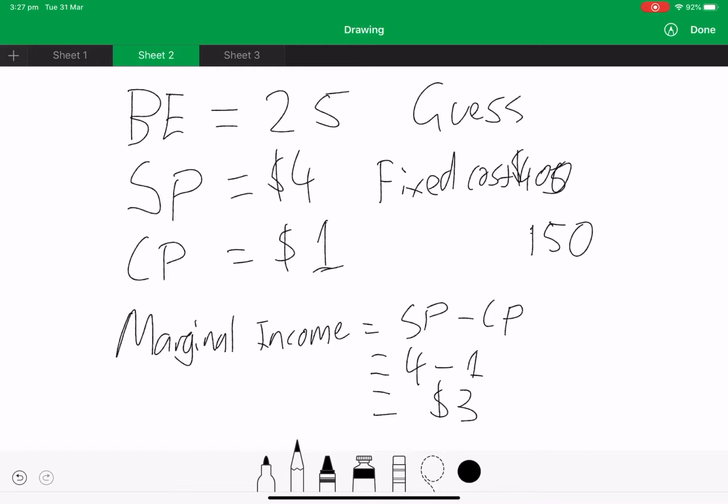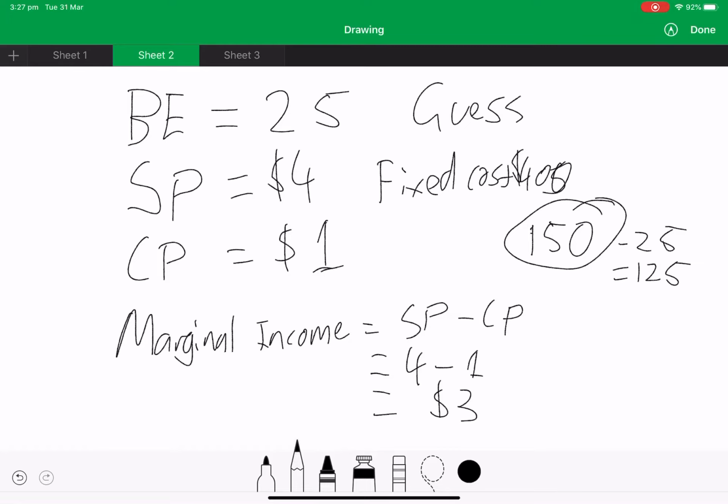Now to test this, we do our prediction. So 150, we're going to figure out how much profit we make if we actually sell 150. We take away our break even because we need to sell 25 to break even. Anything after 25, we are making some profit, but we need to take away that 25 from 150. So 150 take 25 is going to give us 125.